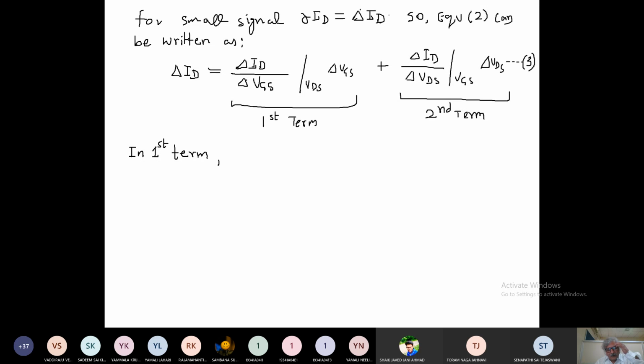The first term is a small change in the drain current ID due to the small change in VGS.